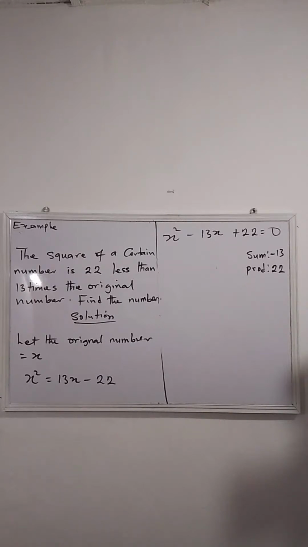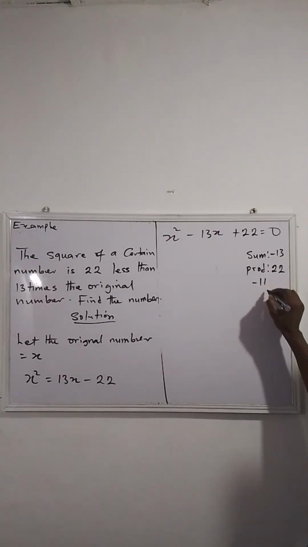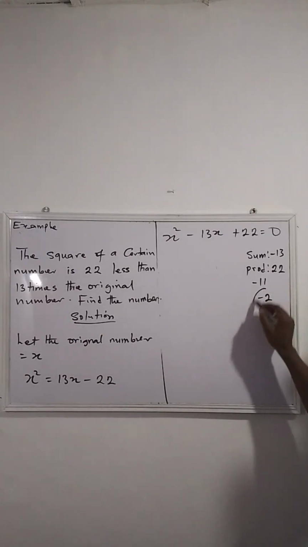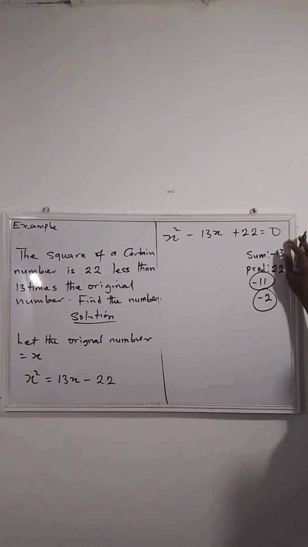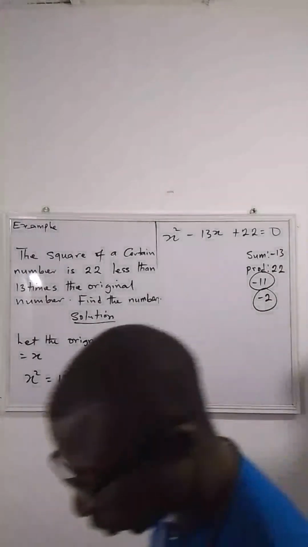Okay, is anybody dropping an answer different from what we have here? Okay, Uncle 7, Victor. Yes, we have Riscott. Okay, good. Since we now understand that it is minus 11 and minus 2, when you add these two numbers together, you have minus 13. When you multiply the two together, you have plus 22.